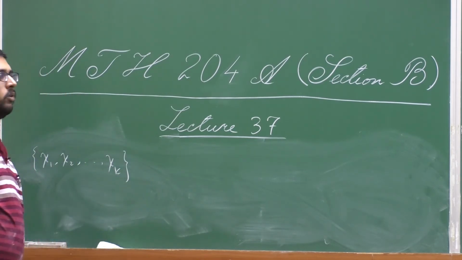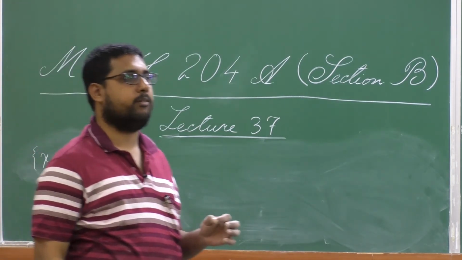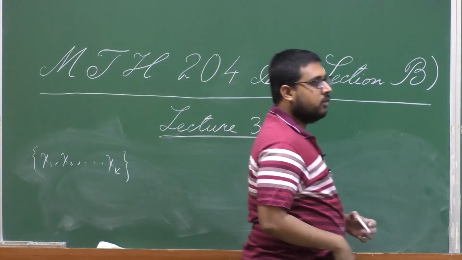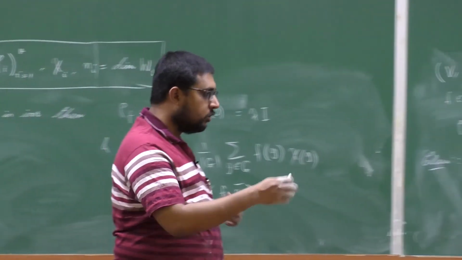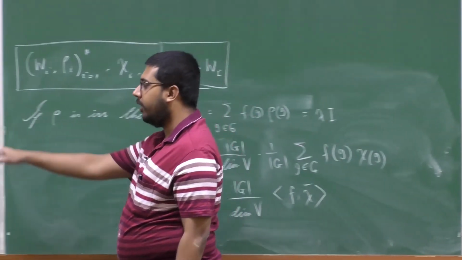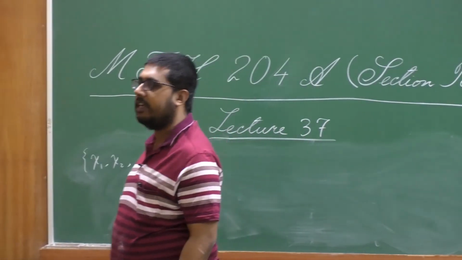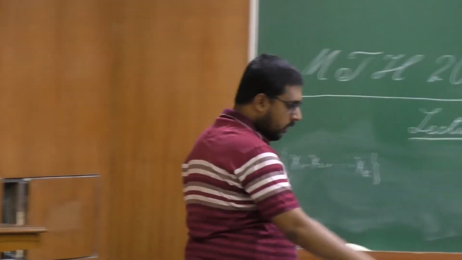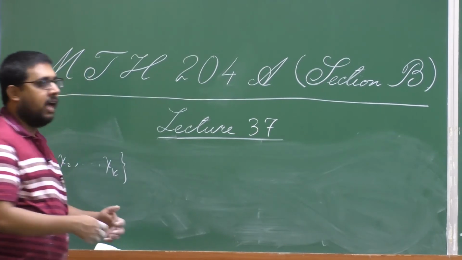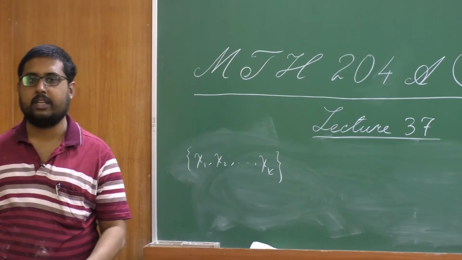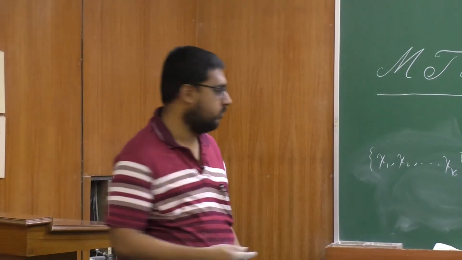Now we have to show that it is a basis, that is, that it generates the whole of H. Since we are working in a finite dimensional inner product space, another way of showing that this spans H is to show that anything that lies in the orthogonal complement of this set is 0. In other words, the orthogonal complement of their span is trivial, hence that forces the span to be the whole of H.